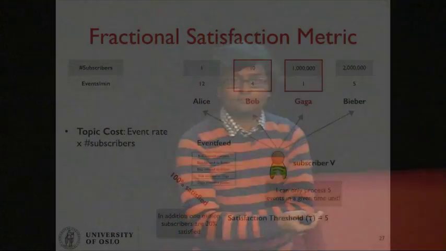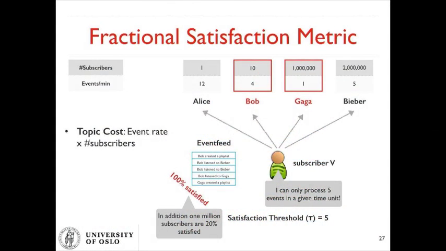So each topic also has a cost. The cost can be modeled. It depends on the amount of resources that it requires to deliver publications to the subscribers of the topic. To simplify the model, we set it to be the event rate times the number of subscribers of the topic.